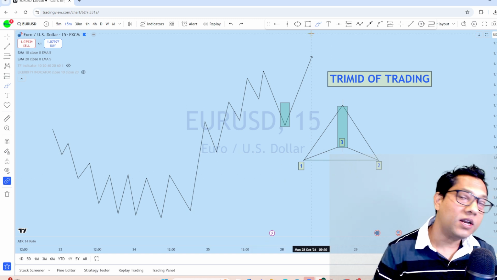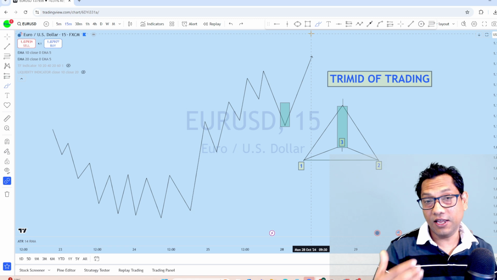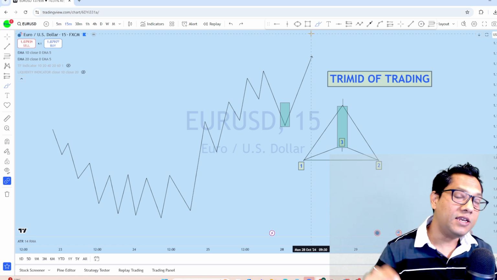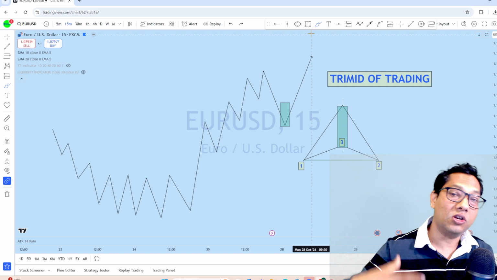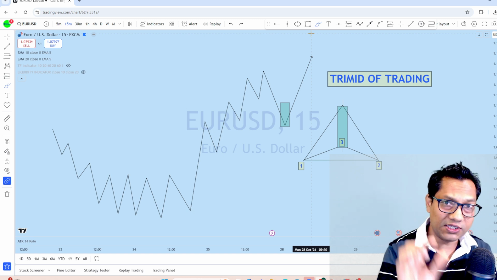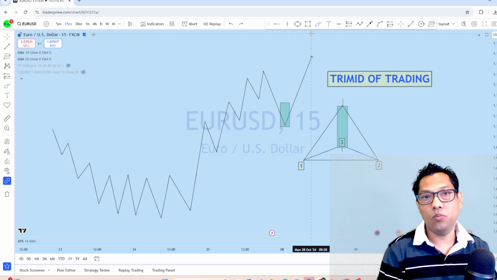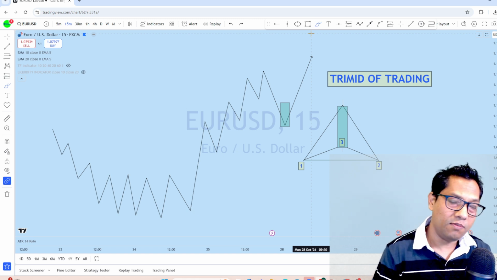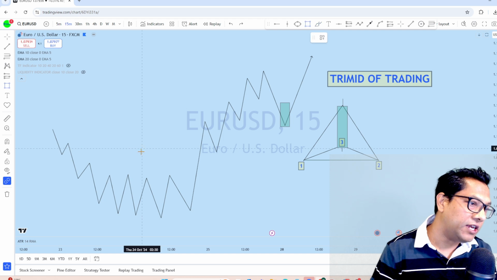Now, what are the warnings that the market gives you before it changes direction? It can change the trend in a couple of ways. One of the most common ways, which we will be discussing here, is moving sideways, in a consolidation market.